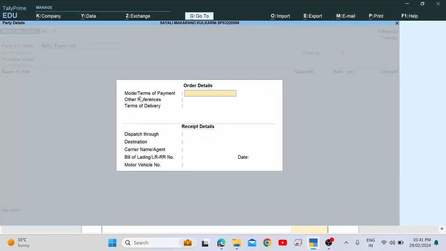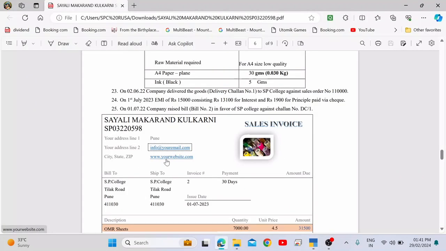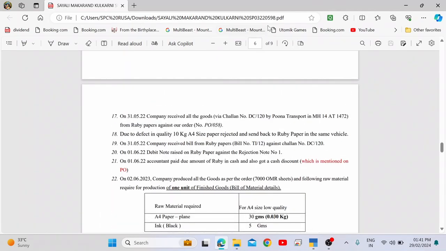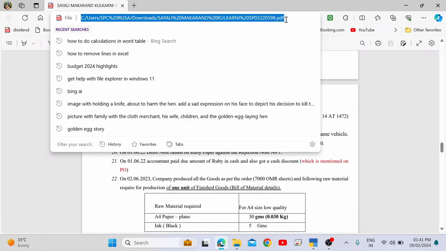Here now Tally is asking mode or terms of payment. Now for mode or terms of payment, we have mode or terms of payment. Let me open this.